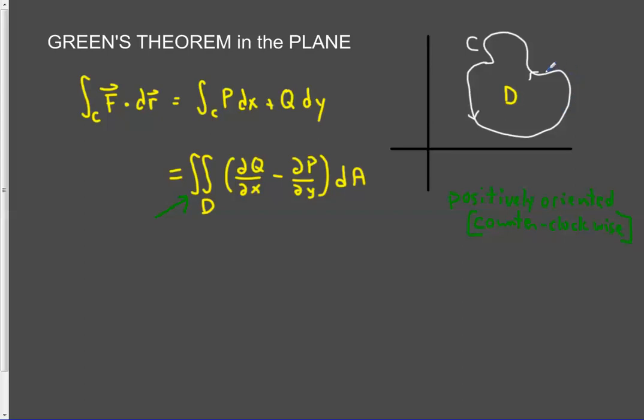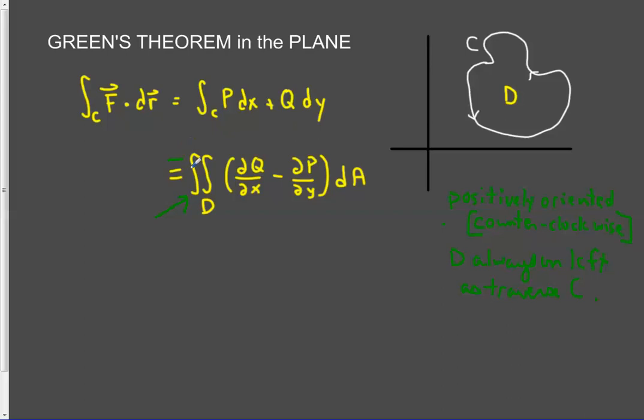If we go around counterclockwise, if you imagine actually traveling that route, the D, the interior that we're talking about, would always be on our left side. So D always on left as you traverse C. Okay, so if you happen to be doing an integral where you're going the other way, well then you can use Green's theorem and you just have a negative.